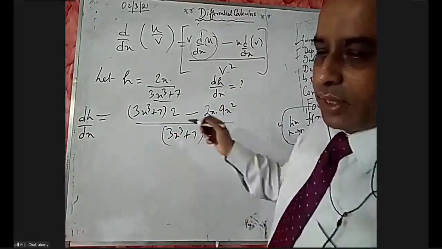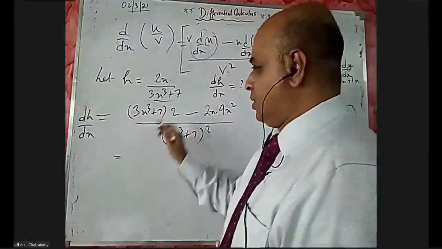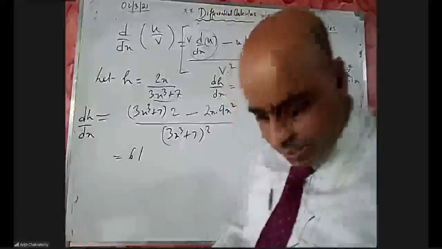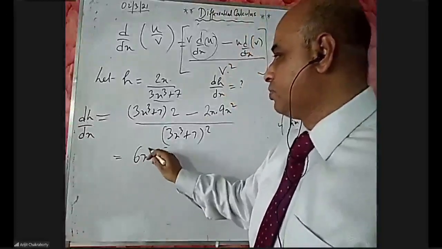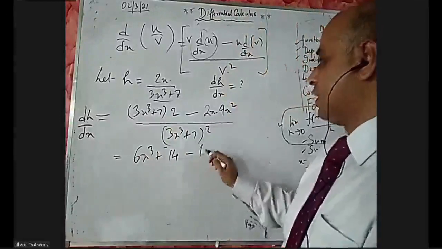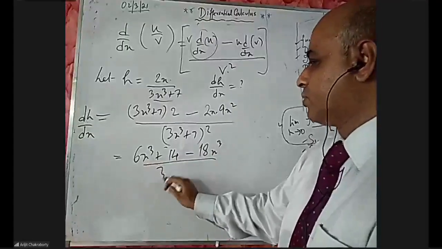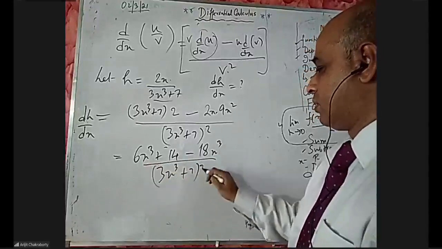If I simplify, 2 into 3x cube is 6x cube, plus 7 twos are 14, minus 2 nines are 18x cube, by 3x cube plus 7 whole square.